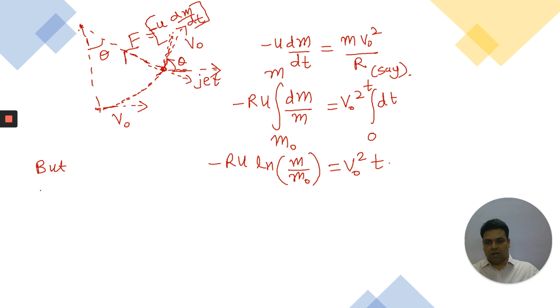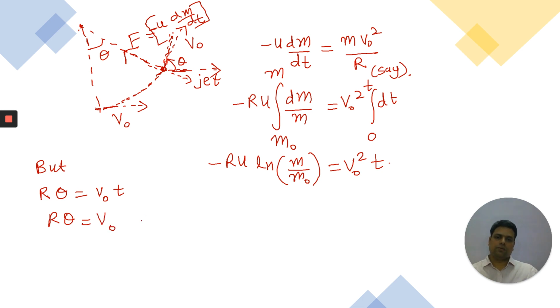Therefore, we can write that as it is moving with a constant speed along the curve, the distance traversed along the circumference of that curve is v naught t. So that should be the length of the arc, but we know that the length of the arc is r theta. So we can write r theta is equal to v naught into t.